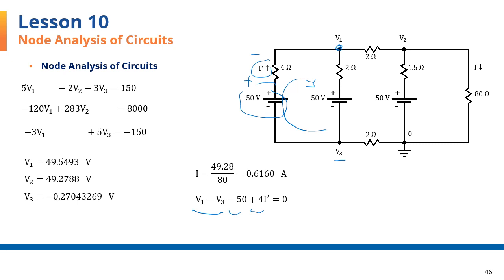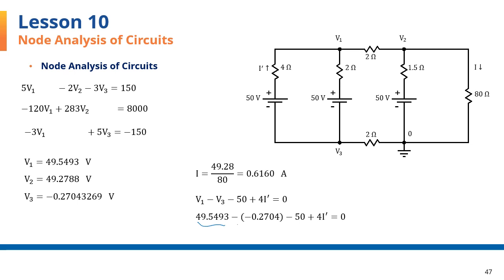And now if we solve for I prime, well, first I substitute all of the numbers, V1, V2 from here, and solve for I prime. And I prime is going to be 0.0451 amperes.